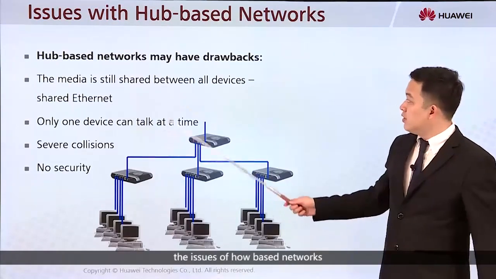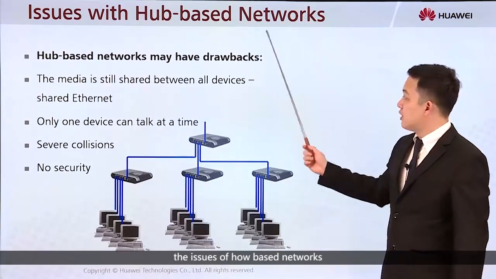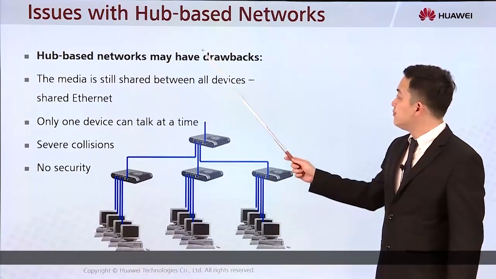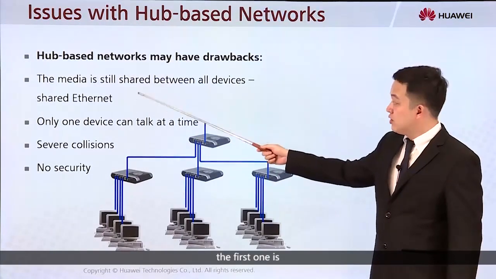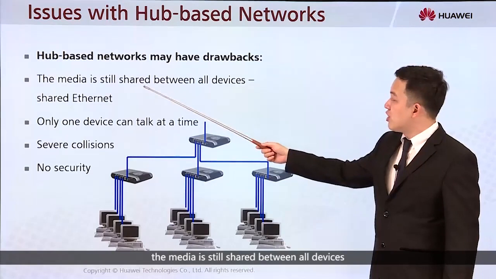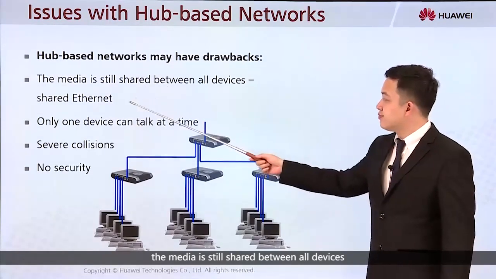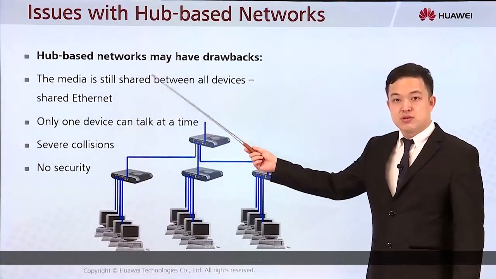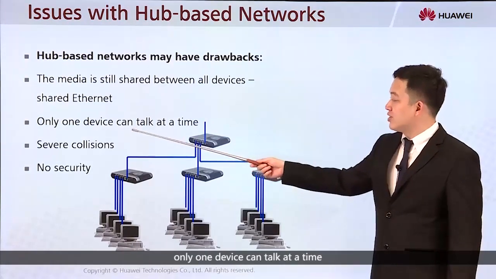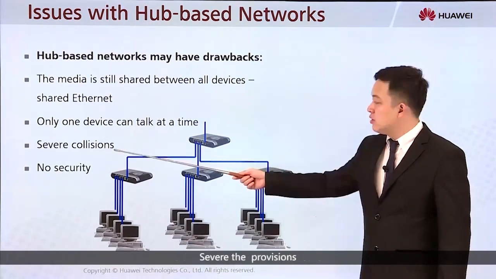And furthermore, there are issues with hub-based networks. The first one is the media is still shared between all devices, shared Ethernet. Only one device can talk at a time.